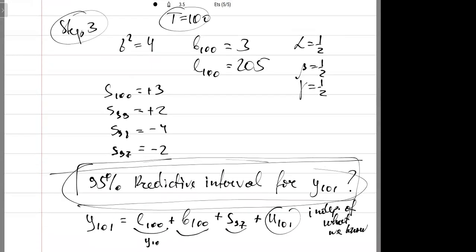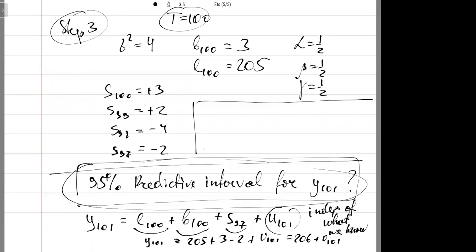So in my case, the next y is just 205 plus 3 minus 2 plus these. So it will be like 206 plus u101. I don't like to flip a page. I will finish the calculations there.